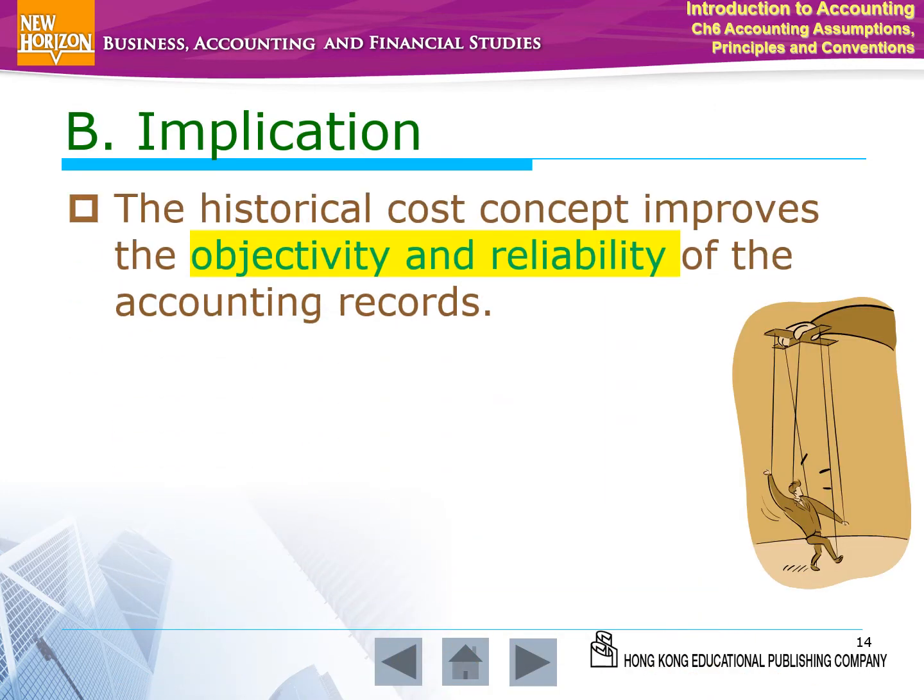Why do we use the cost to represent the value of the assets instead of the market value? The highlighted keywords are objectivity and reliability. Once you are given the accounting records, if the records are not objective or reliable enough, we will not believe the figures.